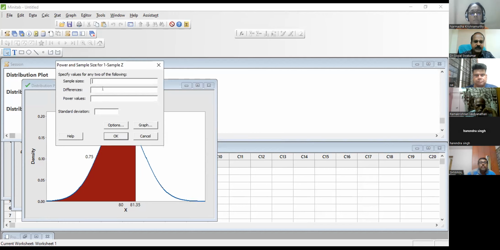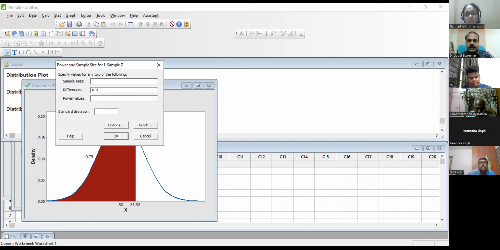Difference means difference in the average. How much is the difference in the average? 0.5. Let's say you are studying two types of process. One process is giving a compressive strength of 120.2 Newton per mm square. Another process is giving a compressive strength of 120.7 Newton per mm square.